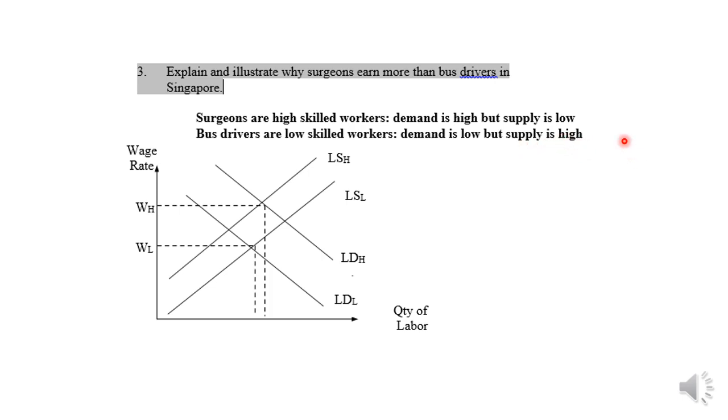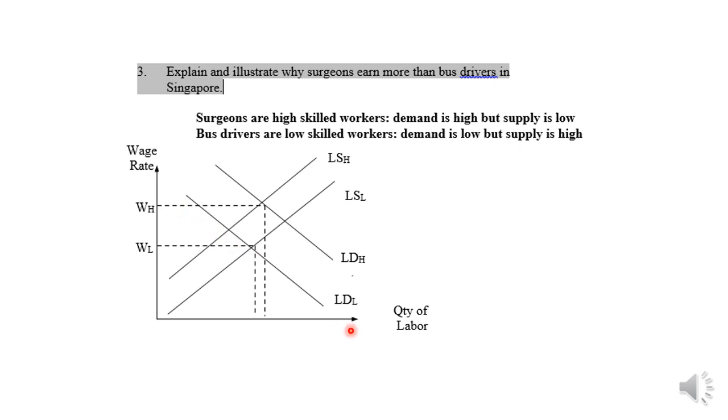So there are some assumptions here. Now the high skilled workers, the demand is high but supply is low, so they will have a higher wage rate compared to the low skilled workers. For low skilled workers, demand is lower, because they're low skilled, they're not so productive.